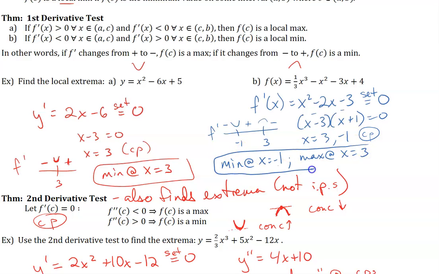Again, if I were asked to justify this statement, I would need more than a sign chart because that doesn't count for anything as far as your justification goes. I would need to say, for this part, min at x equals negative 1 because f prime changes from negative to positive. Max at x equals 3 because f prime changes from positive to negative.